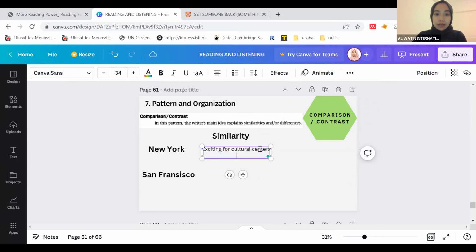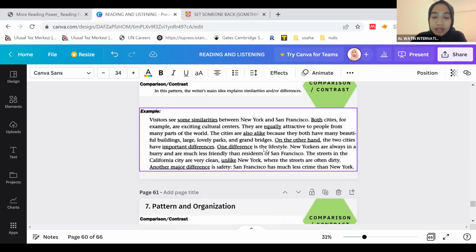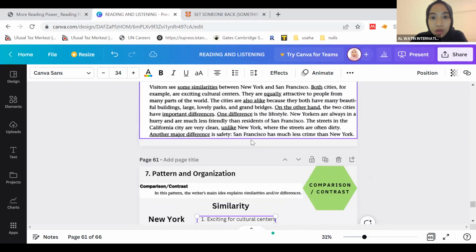What else? This is the first similarity. The second similarity, let's see. They are equally attractive to people from many parts of the world. Okay, attractive. Both cities are attractive. What else?